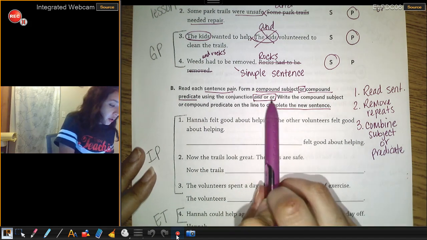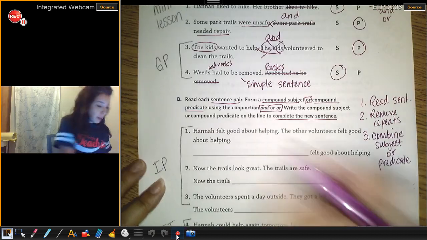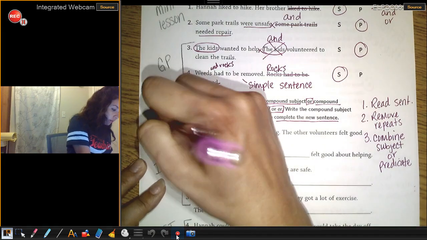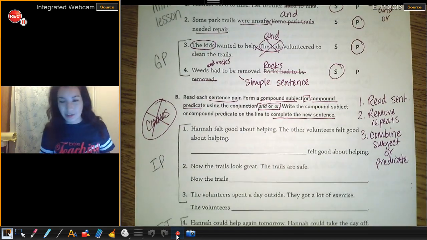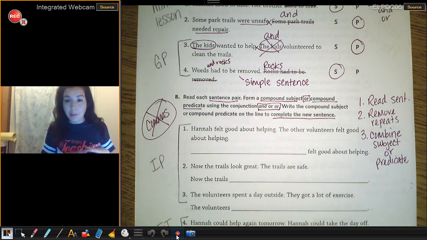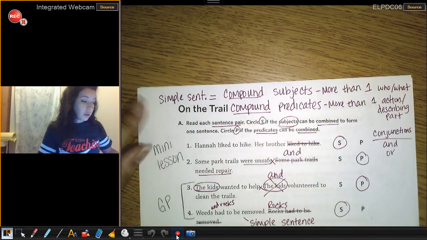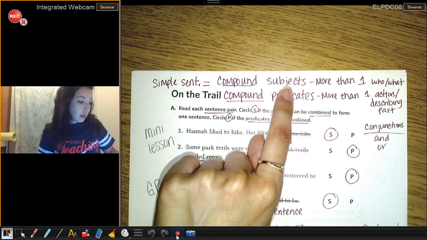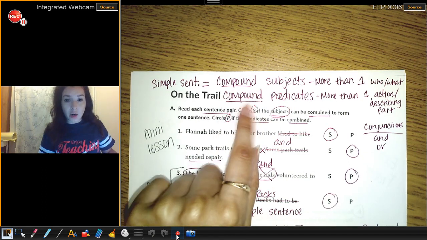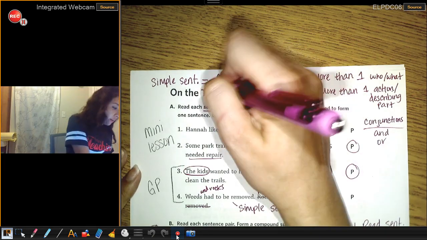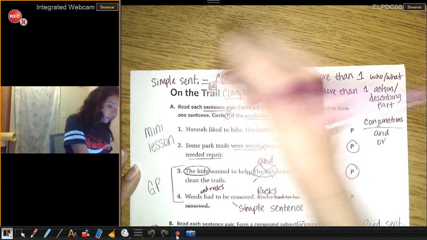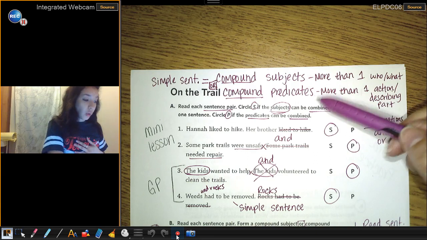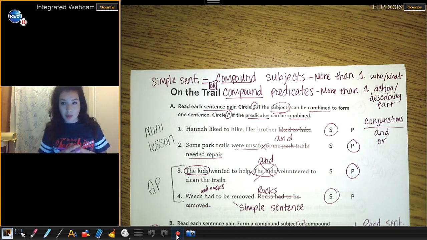You're using and or. You do not need a comma. So commas today are unnecessary, okay? Because we're not making compound sentences today. We're still making simple sentences that only combine the subjects or you combine the predicates. Let me add that right here. Okay, you combine the subjects or the predicates and make them compound.